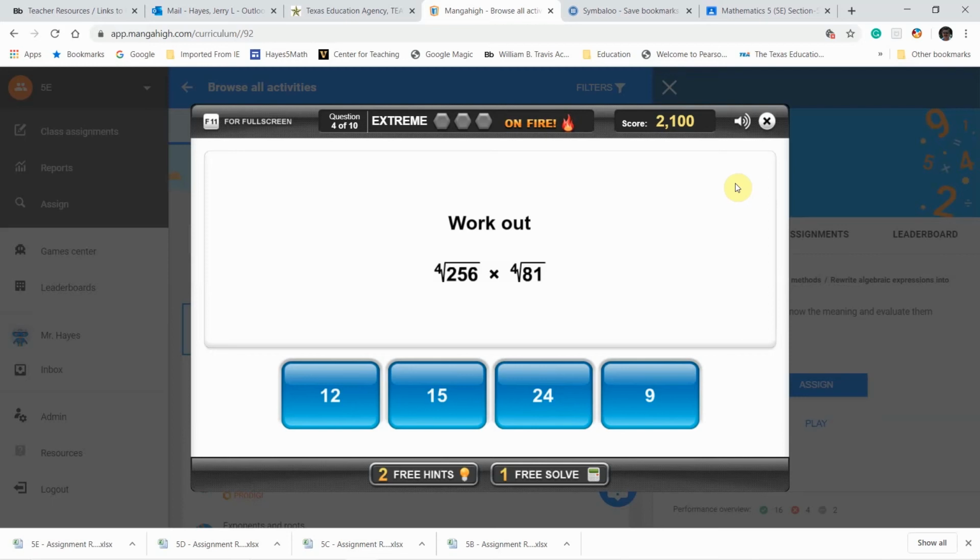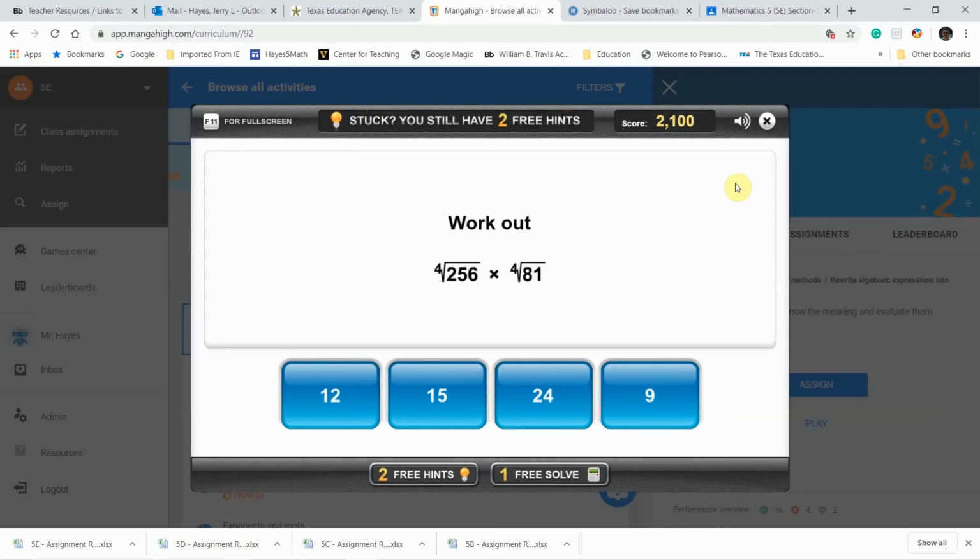Now we've got to figure out what times itself 4 times equals 256. So I'm thinking it's going to be a 3 or a 6, wouldn't you think? Let's try 6. 6 times 6 times 6 times 6.